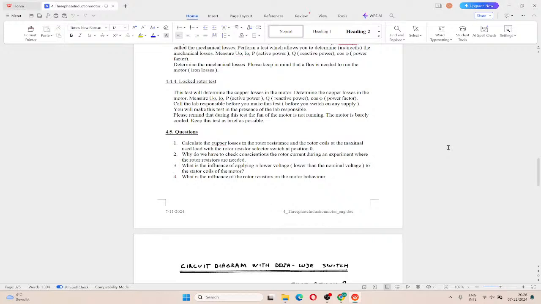I think it's okay. In this case, do we need to do the short circuit test? No, it's not a short circuit test. It's basically the friction mechanical loss. Is it iron loss or friction loss or copper loss?